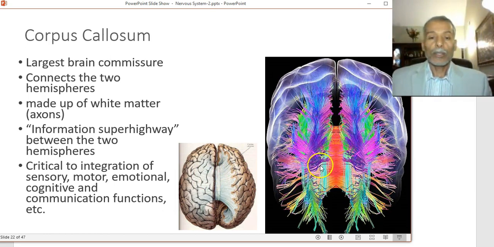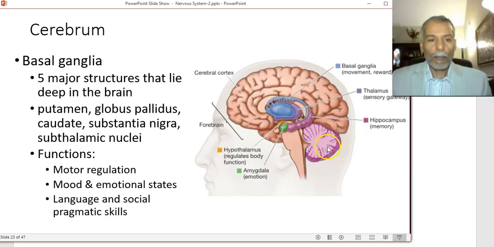There is a disorder called corpus callosum agenesis, or underdeveloped corpus callosum. It has a whole wide range of abnormalities. You can Google it, and you'll find many videos showing what it looks like when someone has corpus callosum agenesis.